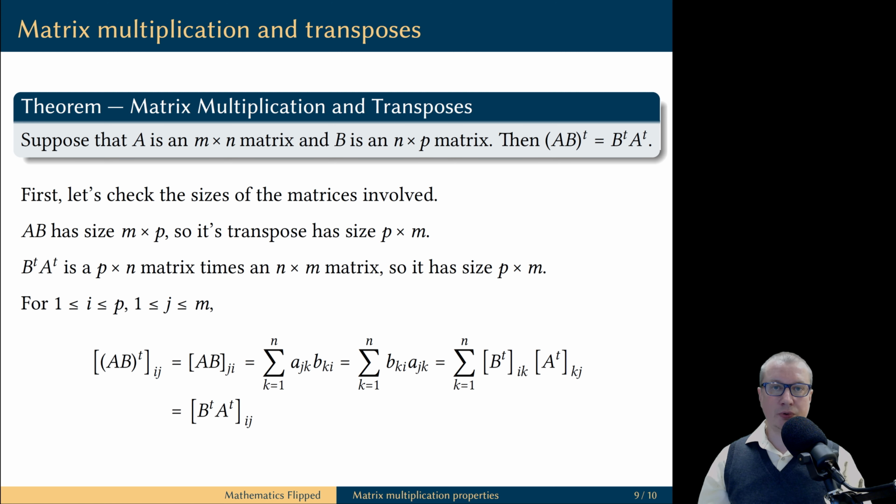The last step is to recognize the last sum as the entry-by-entry formula for the entry in the product matrix B transpose times A transpose. This is the entry in position ij of this matrix. Now, if you look at the beginning and the end of this computation, you will see that the two matrices under question have identical entries and therefore they're equal.